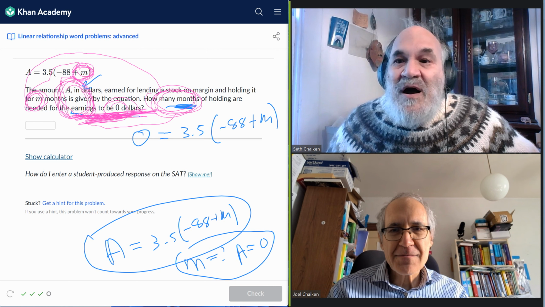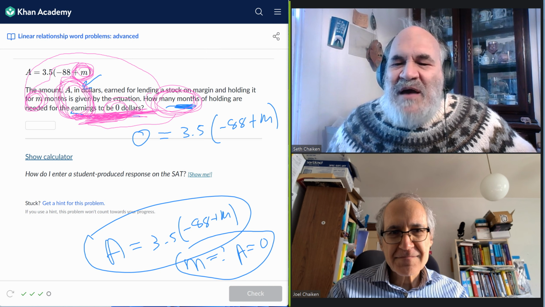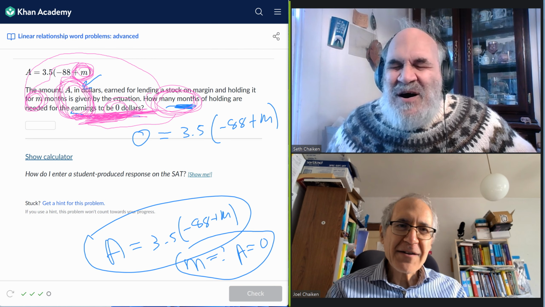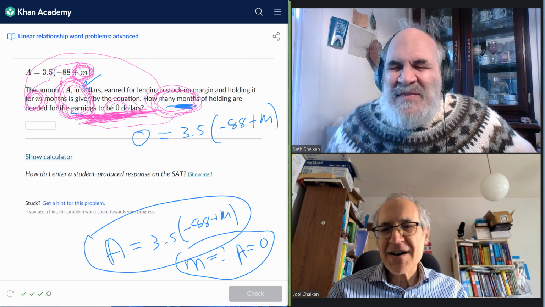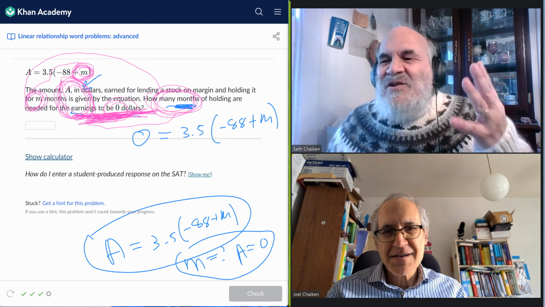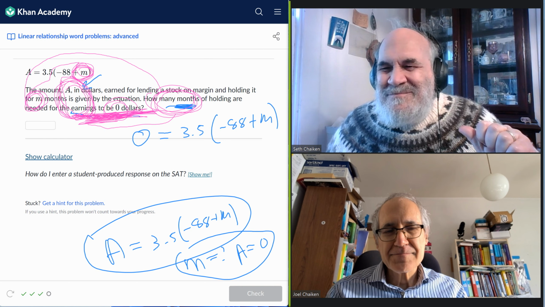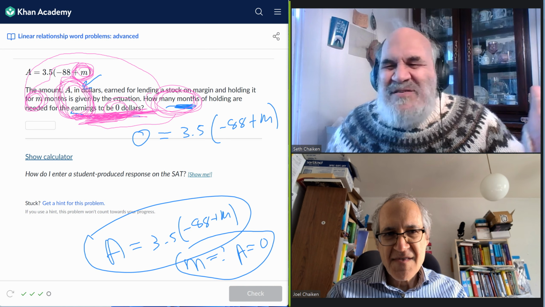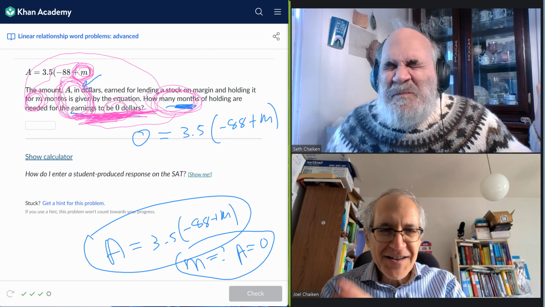So we have to get into what it means to lend a stock on margin, which we're not going to do. That means you buy the stock at a low price. I don't understand it. Forget it. Let's not get into it.